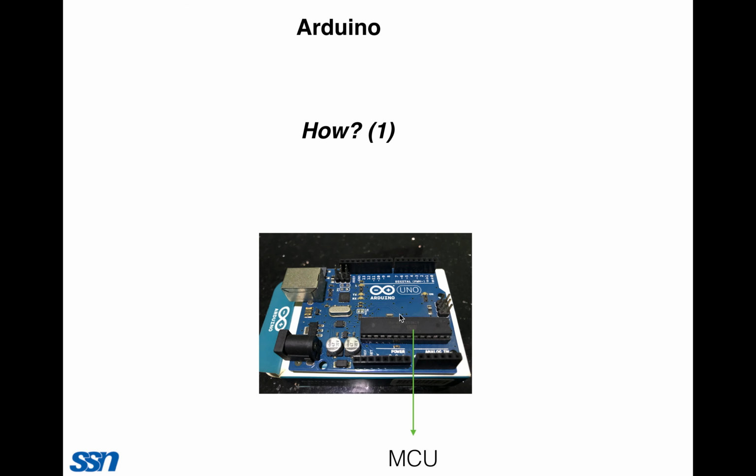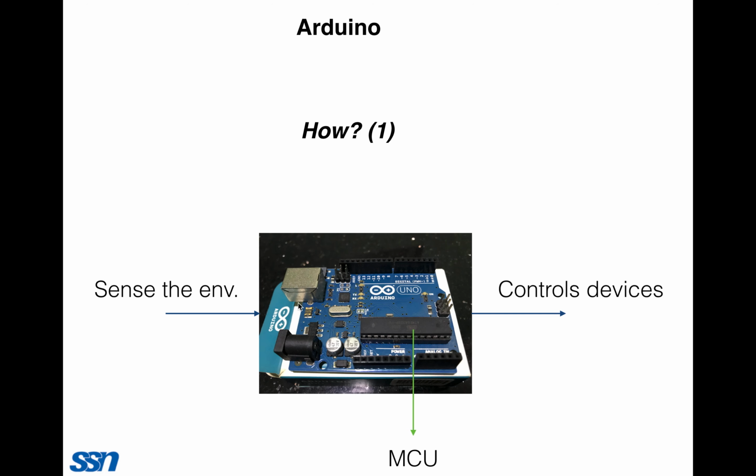What we essentially do here is talk to this board. So we essentially have input and output. For the input, we sense the environment by making use of different kinds of sensors, and in the output we can control the devices.